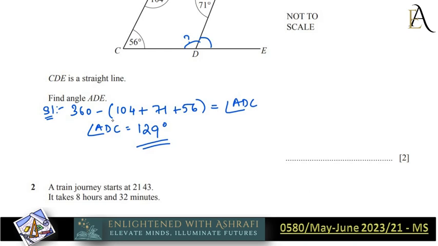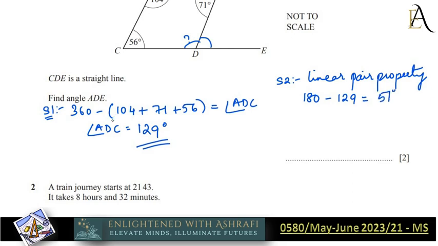Now step 2, we'll be using the linear pair property. So 180 minus 129 will give us 51 degrees. So our final answer is 51 degrees. So angle ADE is equal to 51 degrees.